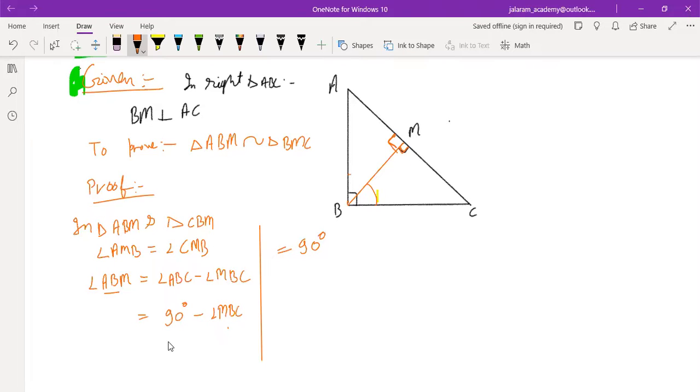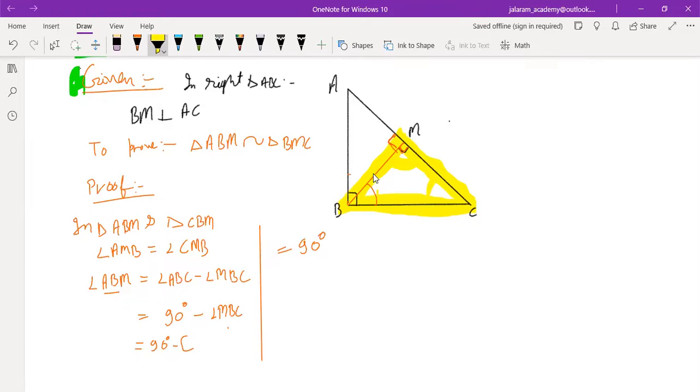Okay. Now this triangle MBC has three sides and has three angles.